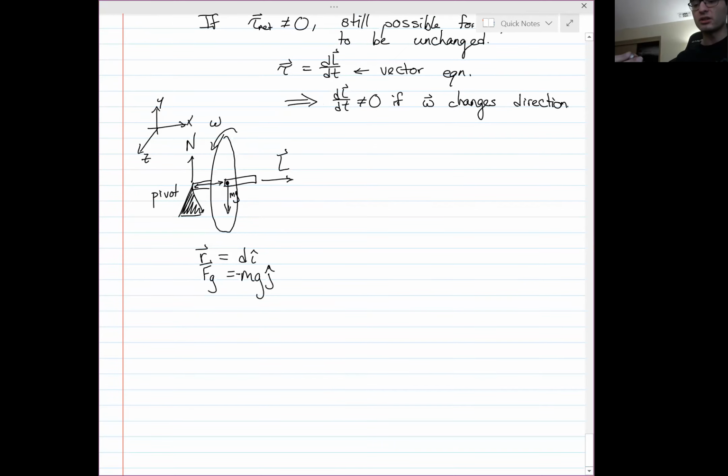And so what we can do is, remember back from the first or second lecture, we know how to take the cross product of two vectors written in terms of unit vectors. Then R cross Fg, which is how you find the torque, is negative d times mg in the k hat direction. i cross j is k hat, and we have negative dmg.